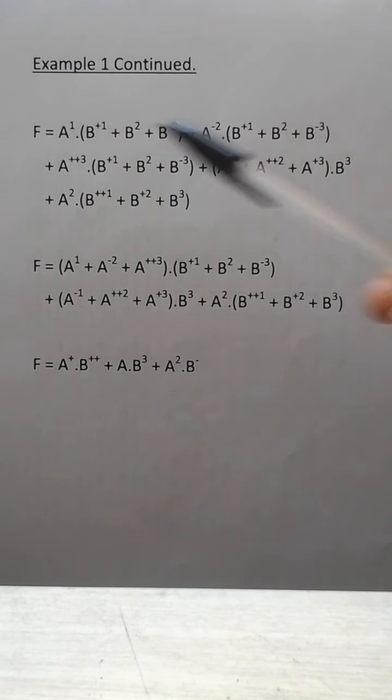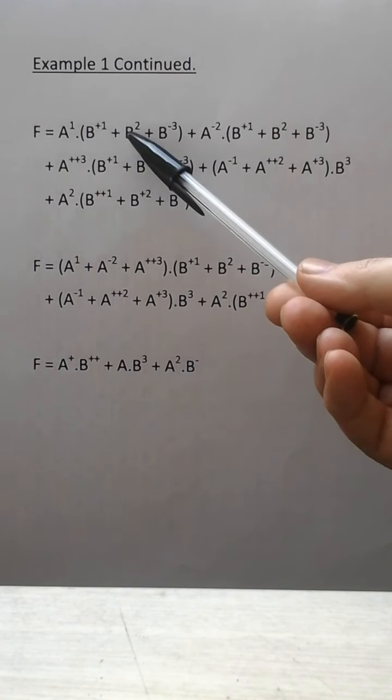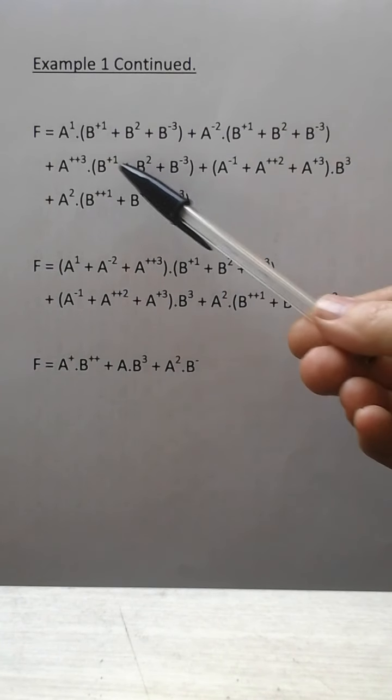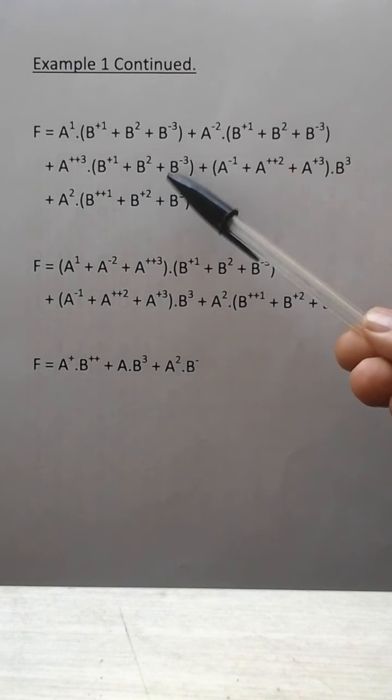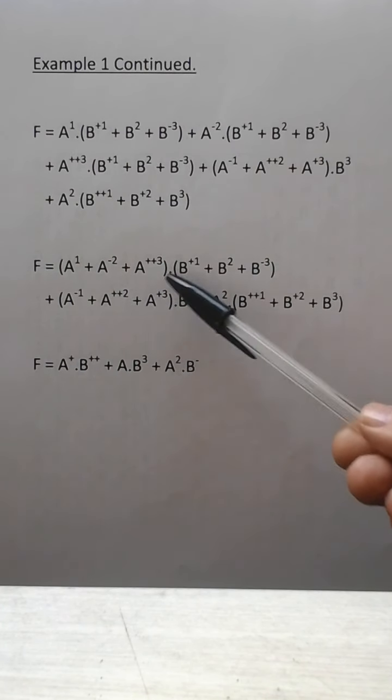As I said, I'm factorising the A1 there, B plus 1 max B2 max B3, factorise A minus 2 there to give that, A plus 3 there, B3 there, and A2 there. Because these are the same, B plus 1 max B2 max B minus 3, I can factorise the A's there to give that.